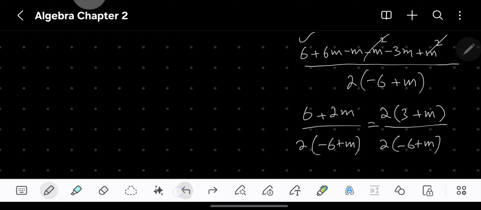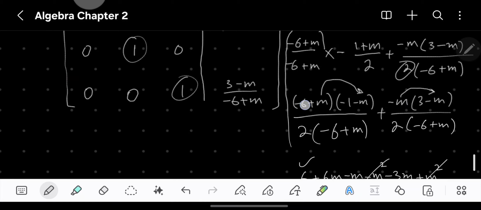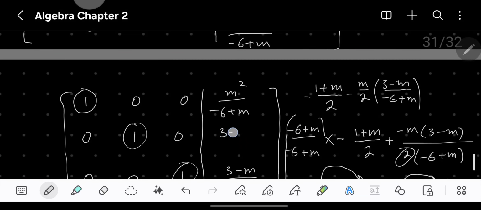I will get back 6. If I multiply 2 with m, I will get 2m. I will get back 2m. So that means this step is true. I can cancel these two things. So I will end up with this value, 3 plus m over minus 6 plus m.